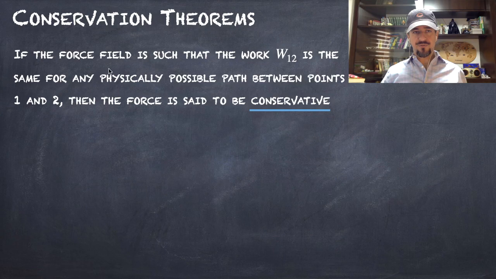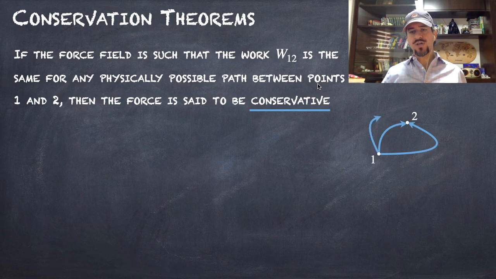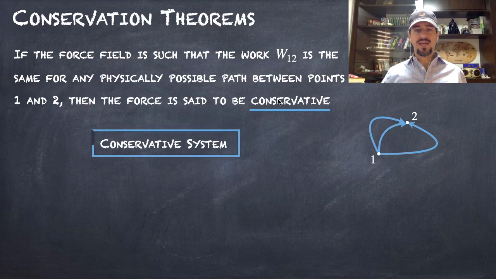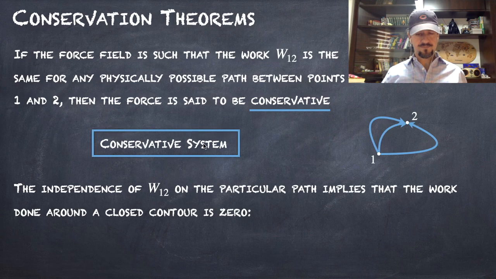So if we have a system where the work is the same for any physically possible path, then we have a conservative system. Consider here point 1, point 2, and consider this path, and we will have a work W12, and if it is the same as this work here, a different path, or for this other different path, then we have a conservative system.